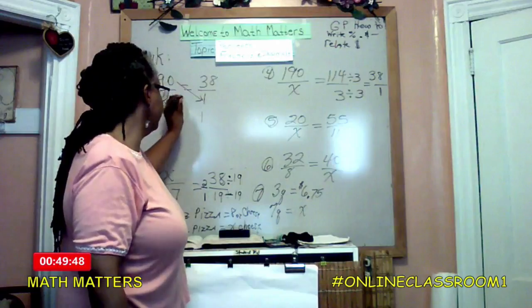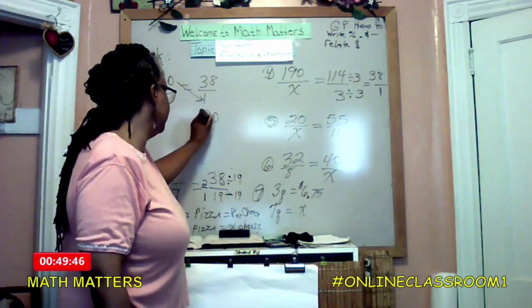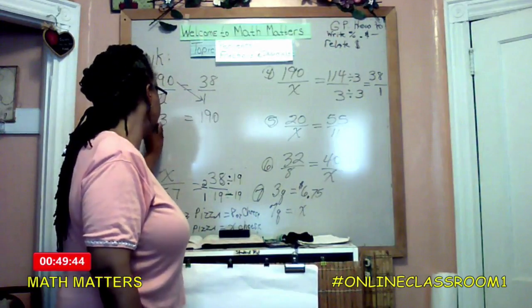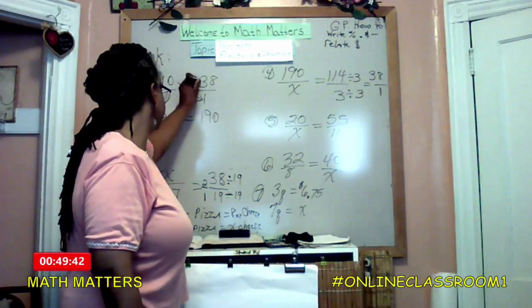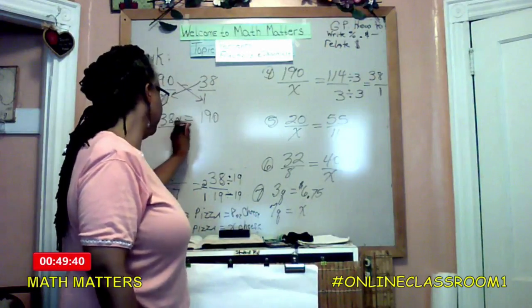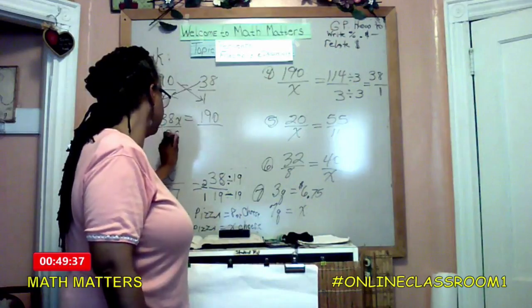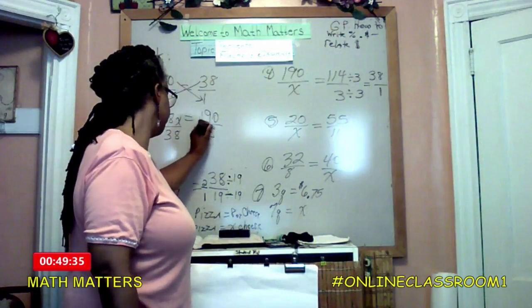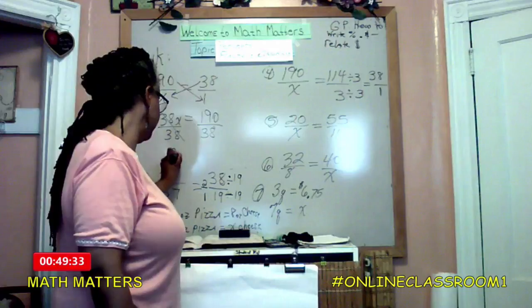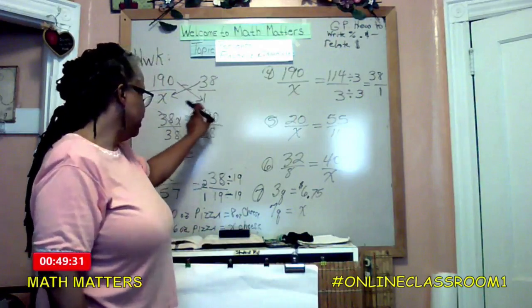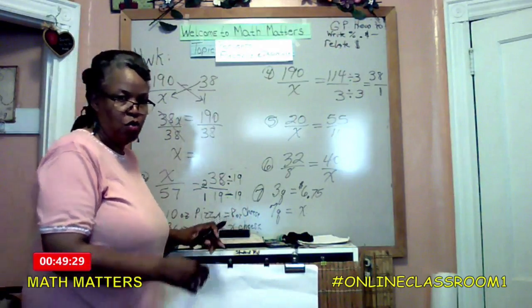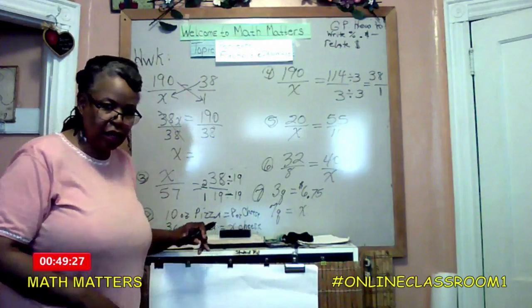We get 190 times 1, which is 190, is equal to 38x. Divide out 38 on both sides. The 38s cancel and x is equal to, here's our answer, 190 divided by 38.